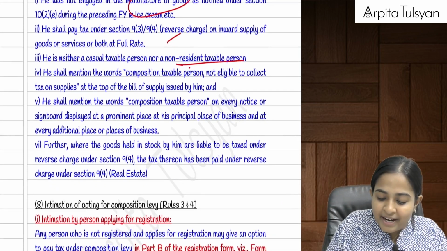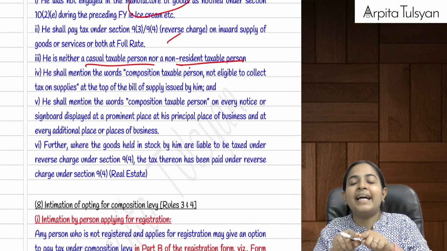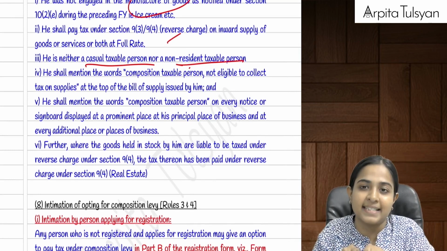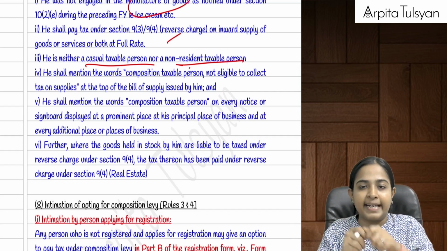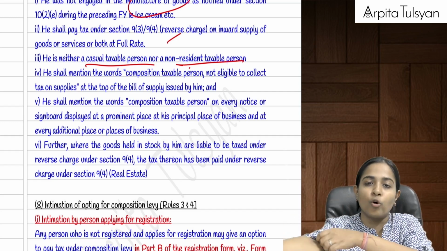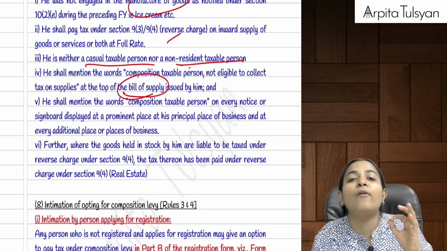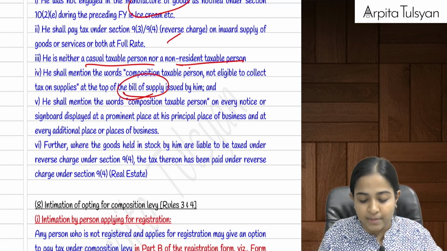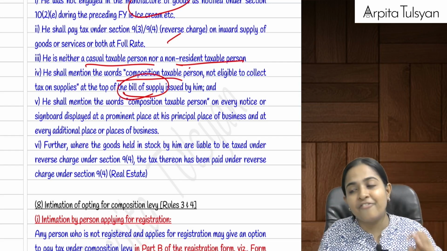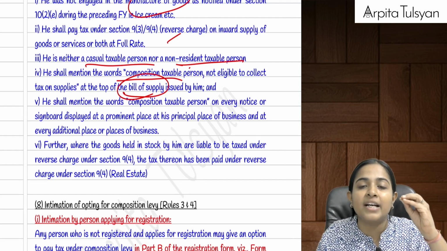Okay, then he should not be a NRTP or a casual taxable person. On the bill that he is issuing, now listen, he cannot issue a tax invoice, right? Because he cannot collect any taxes. He will not be collecting any taxes. He has to pay out of his own income, right? So he will be issuing a document called a bill of supply, and the bill of supply will include the words composition taxable person.